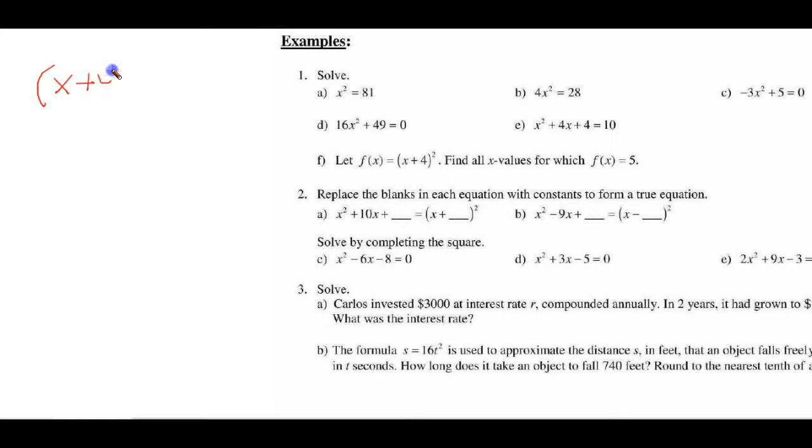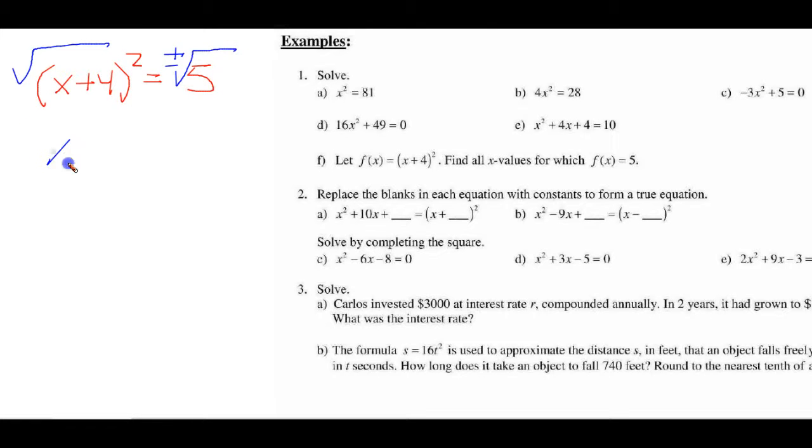x plus 4, the quantity squared, equals 5. Now, once you get it into this pattern, again, it's taking the square root of both sides, plus or minus the square root of 5.